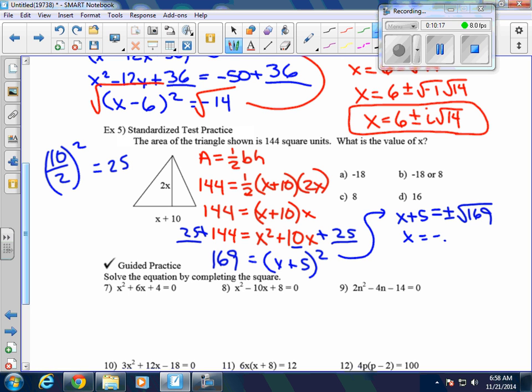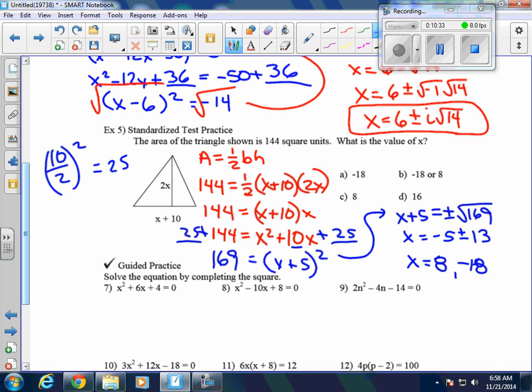Subtract 5 from both sides. Square root of 169 is 13. So negative 5 plus 13 is 8. Negative 5 minus 13 is negative 18. So our answers are 8 and negative 18.